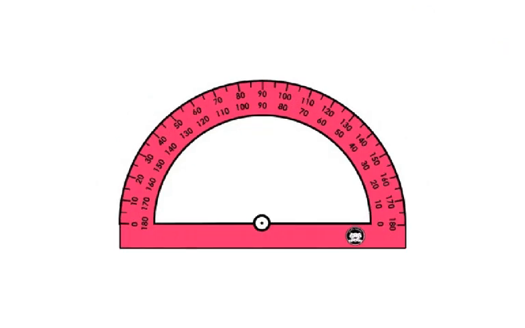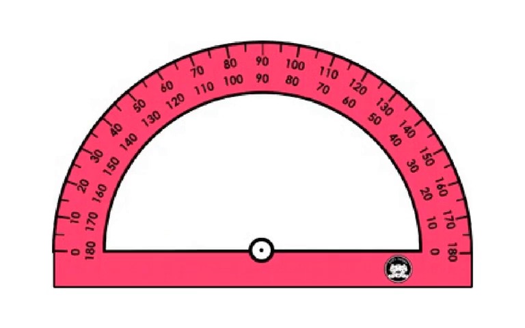Okay, what about if you have an angle that looks like this? When I look at this, and if I just look at the numbers, I go, oh, well, it's 0, it's nothing. But remember, an angle is two rays that meet at an endpoint.